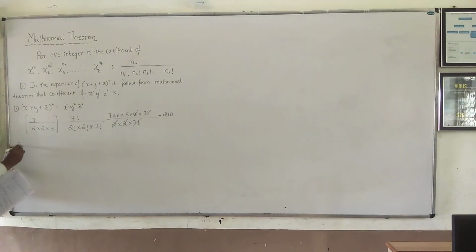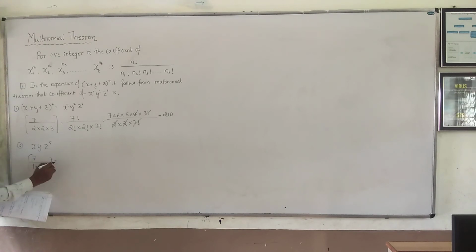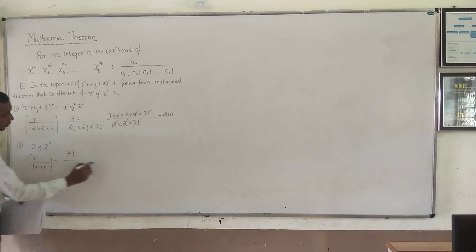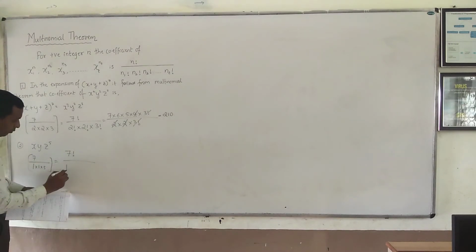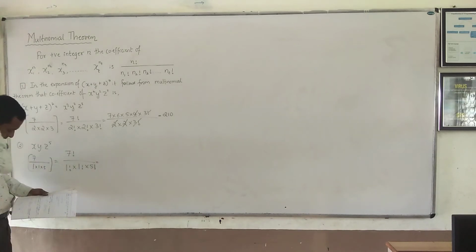If I go for the second example, it is x into y into z raised to 5. So it is 7 factorial divided by 1 factorial into 1 factorial into 5 factorial.